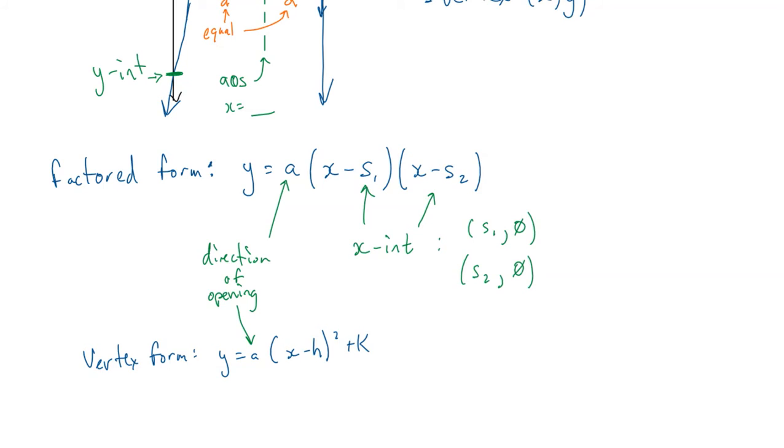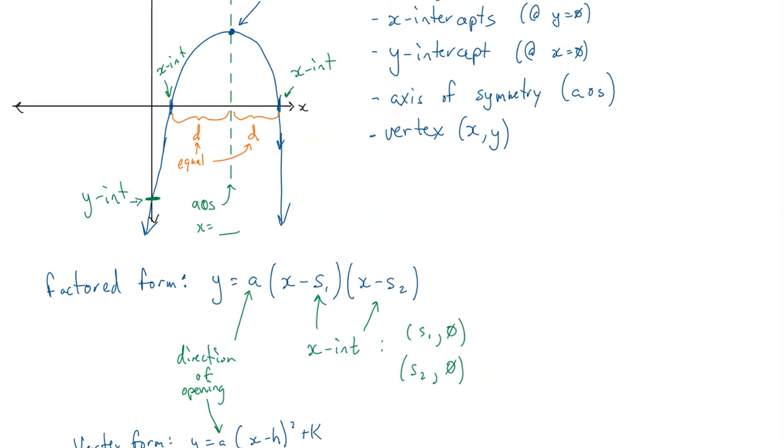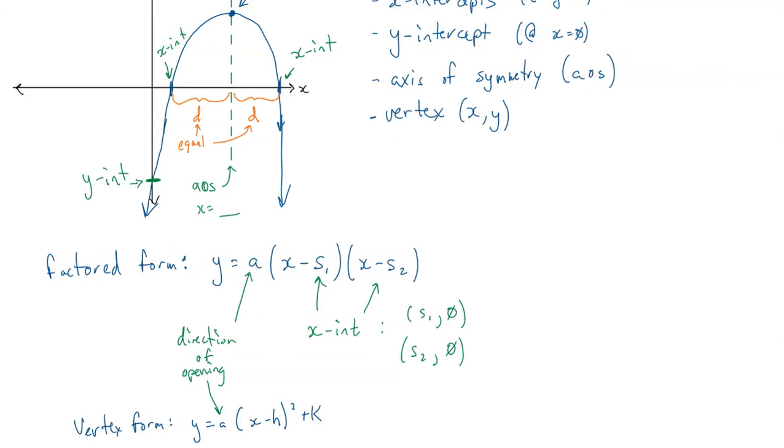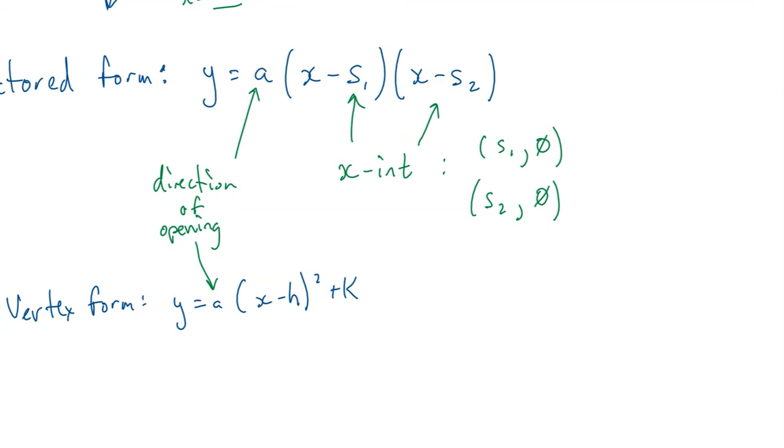Because as we said above, x-intercepts happen when y is 0. So there's my y being 0. And my intercepts come from those two numbers in factored form. This is the same as when we were solving by factoring, that the solution came from those numbers inside the brackets, right? Same thing.